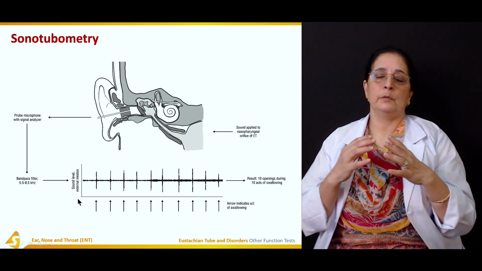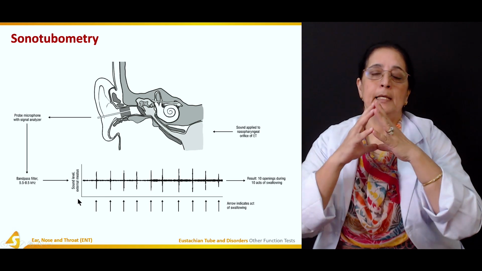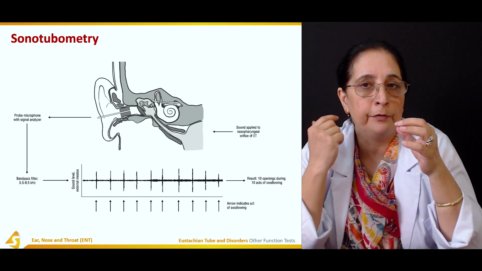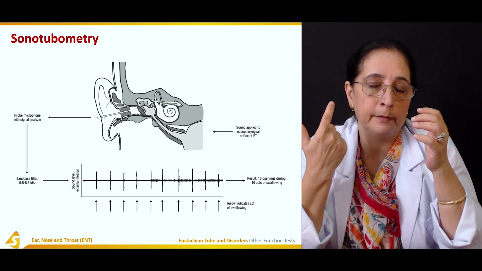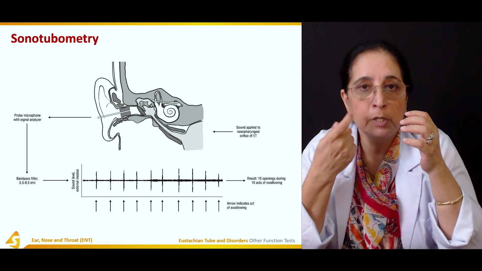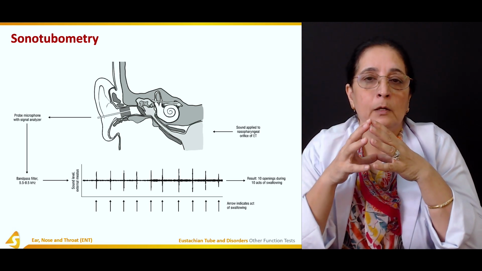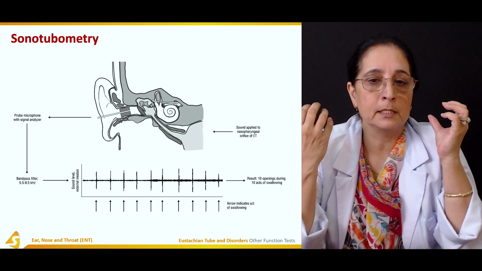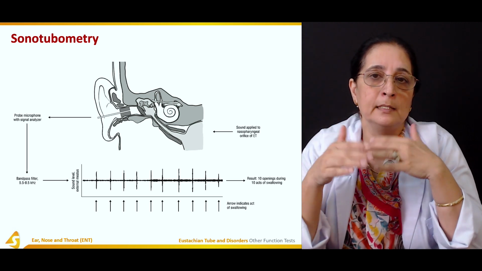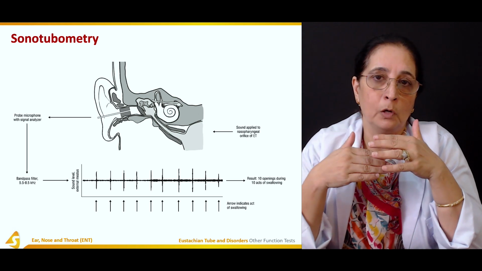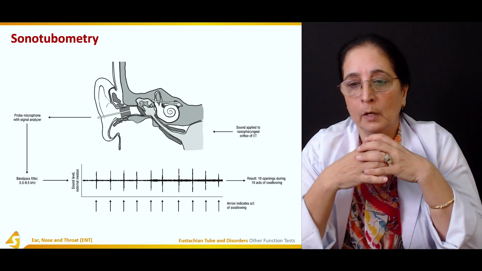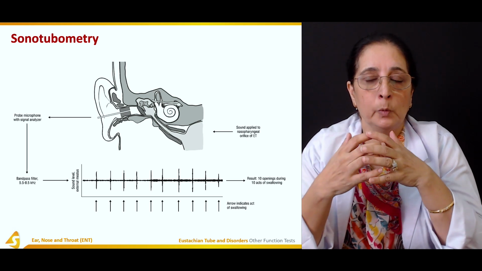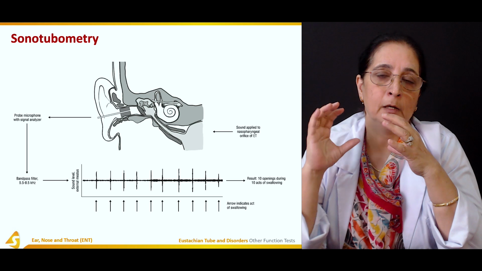Each arrow indicates an act of swallowing. So a sound is applied to the nasopharyngeal end of the Eustachian tube through the nose, and on the ear side we record those sounds, and the patient is asked to swallow. With each swallow there is an opening of the Eustachian tube, and this is the recording of the effect.